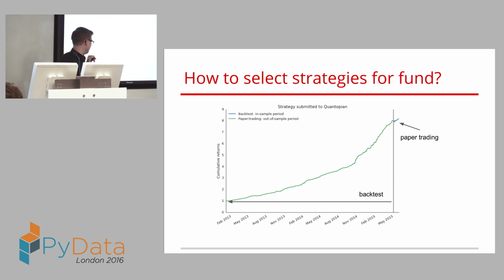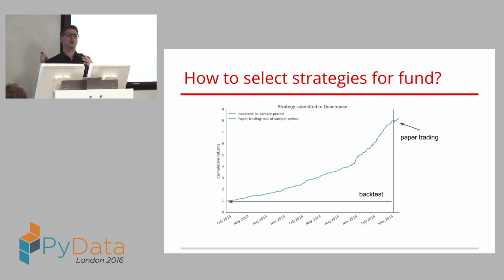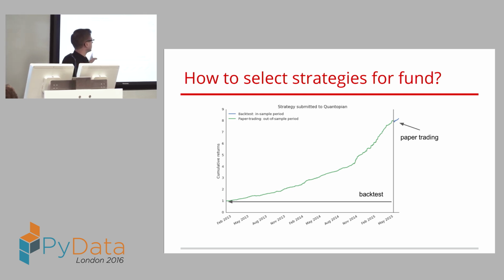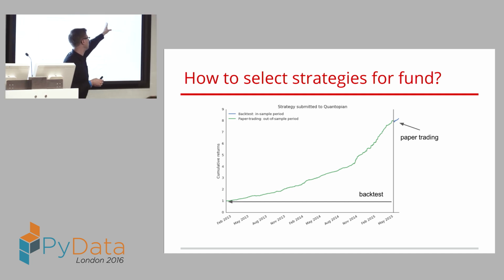Often though, with backtests, there's a tendency to overfit, so they often look much better than in reality when you actually set them live. And this specific example is actually an algorithm that was submitted to one of our trading competitions. And the way that is set up is you submit a 2-year backtest, and then we let it run, in this case, for 1 month on out-of-sample data.